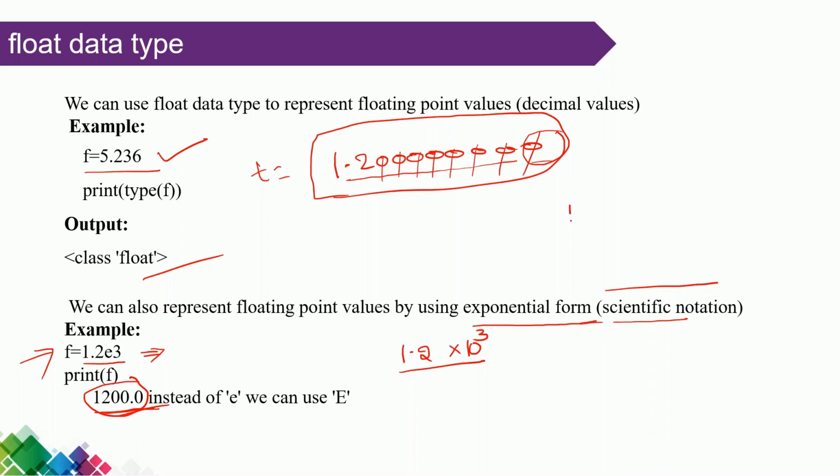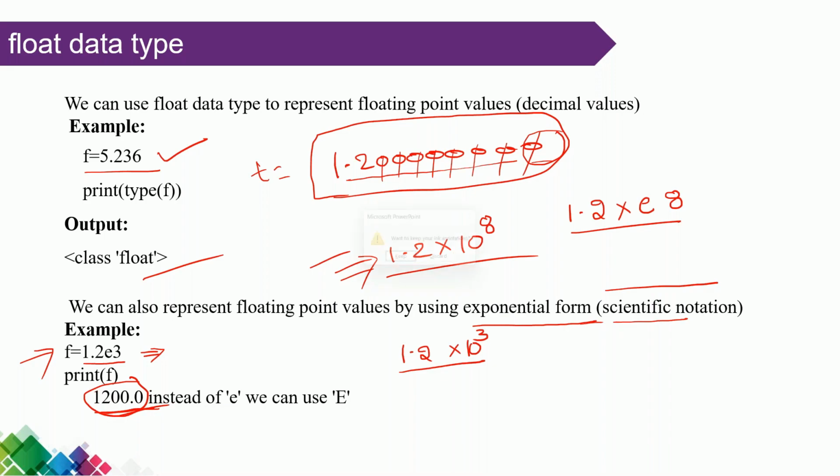Instead of writing the 8 digits, I wrote 1.2E8. So automatically, it is 1.2 into 10 power 8. Instead of representing the large number, we represented it in simple notation. This is the float data type.